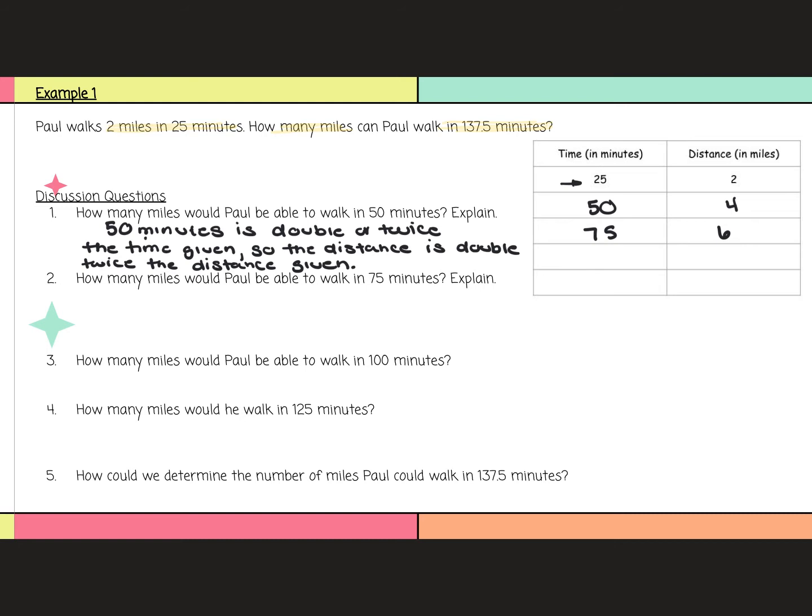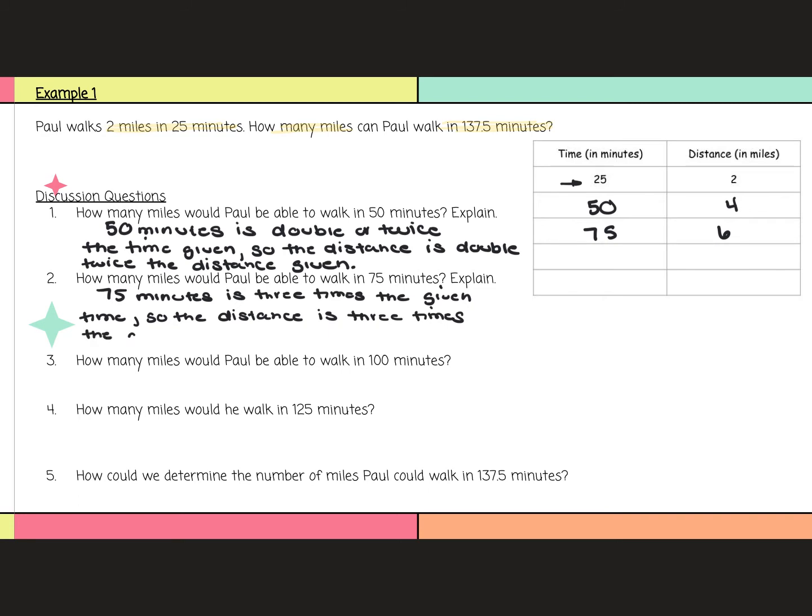And similar to our response earlier, 75 minutes is 3 times the given time, so the distance is 3 times the given distance.